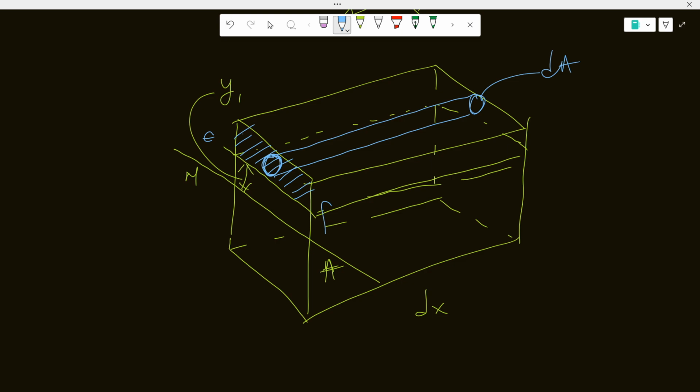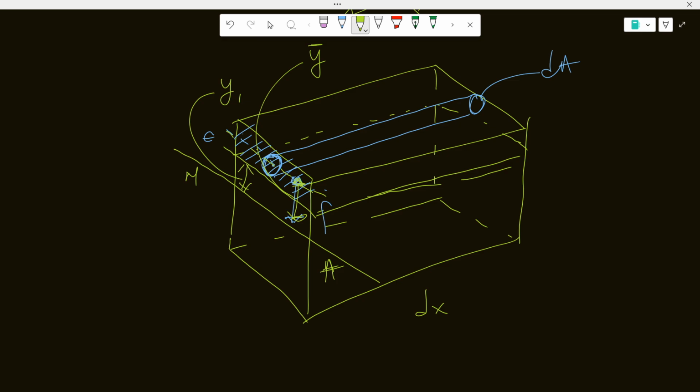Now, the distance from the center of dA to my neutral axis, this distance here, up to my neutral axis, which is NA, I will call it Y bar.